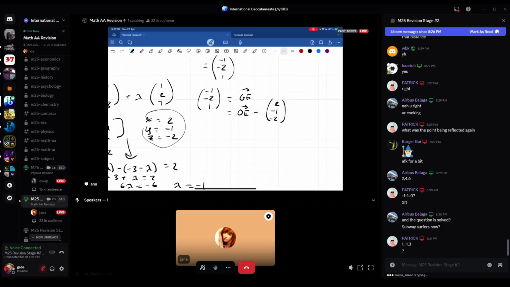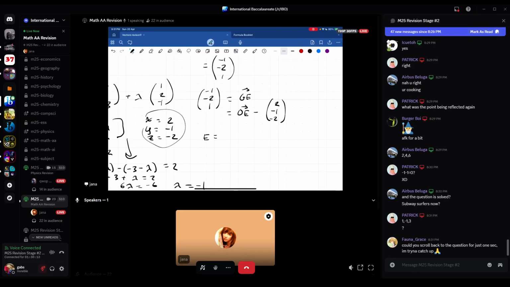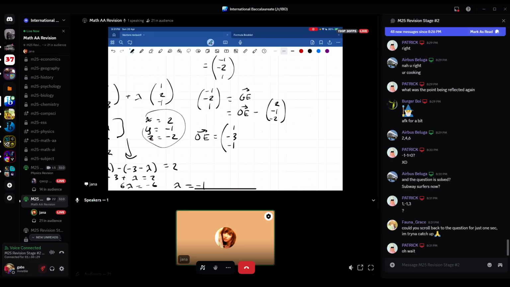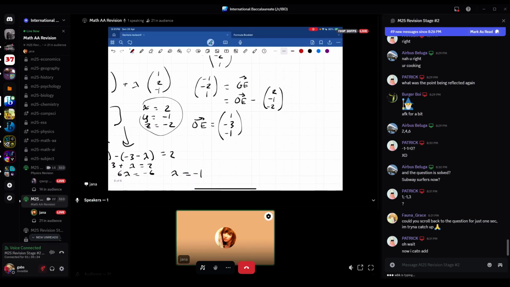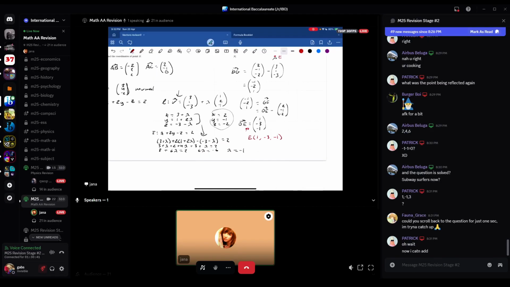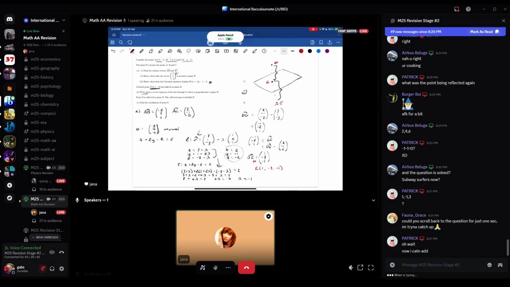So OE is 1, negative 3, negative 1. You put them in the wrong order, Patrick, but sure. And keep in mind, it asked for coordinates, so I can't express it like that. E is (1, -3, -1). I have to express it that way. That's the whole question.